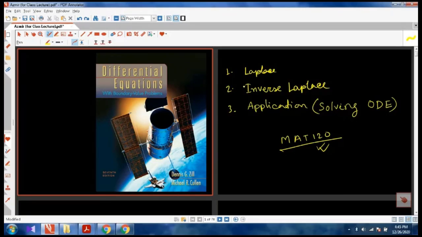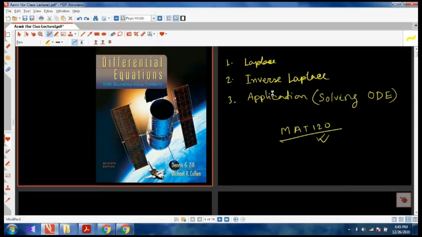And in research field, particularly in mathematics research field, these two things are very important. So let's start from Laplace transform.